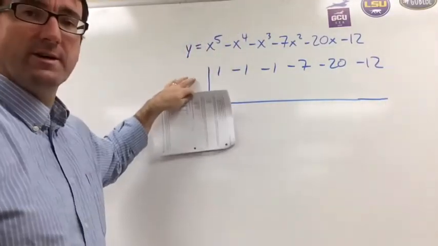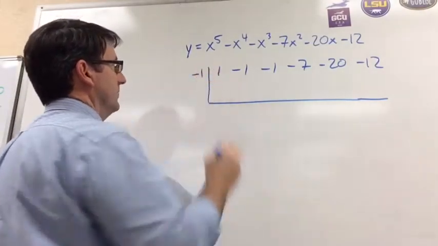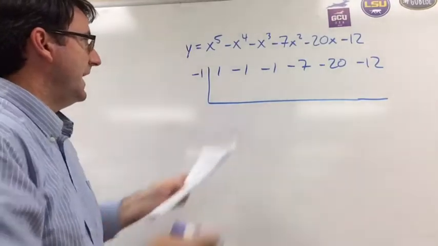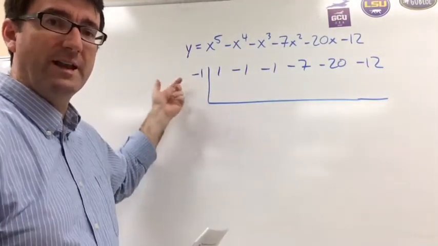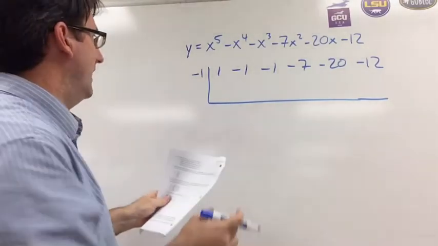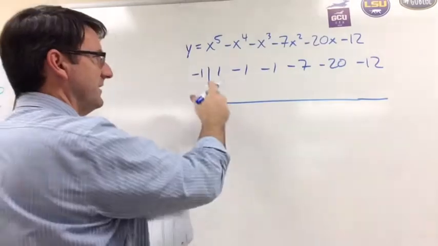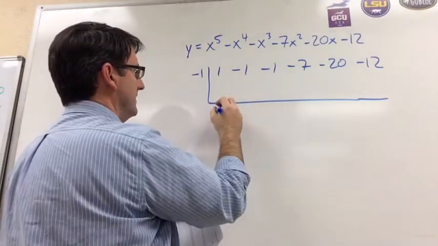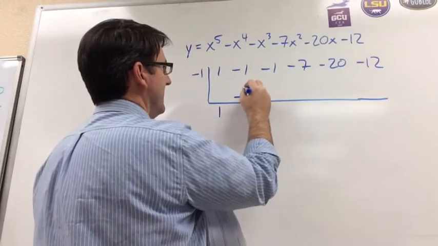And then we're going to put one of our zeros out front here. That's going to be -1. Let's start with -1 and divide that out. Remember, what we're really doing is dividing by x plus 1, but if we just put our zero out here, that's going to give us what we need. So let's drop this 1 down. -1 times 1 is -1.